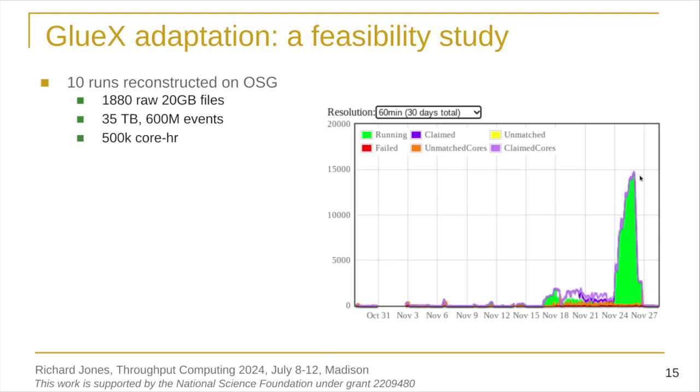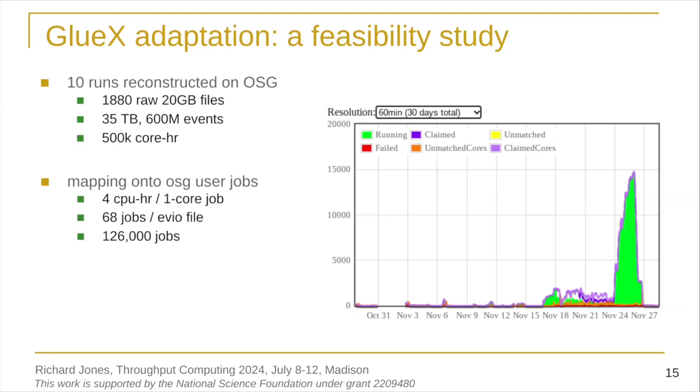Basically, the work runs out, and I have to wait for all those jobs to finish. Within that period, I think it was 38 hours, we were able to complete this 500K core hours. So there was some success there, and I don't want to get into details.